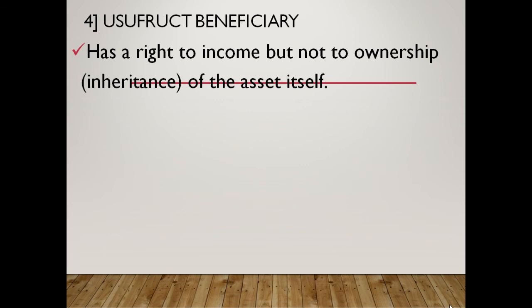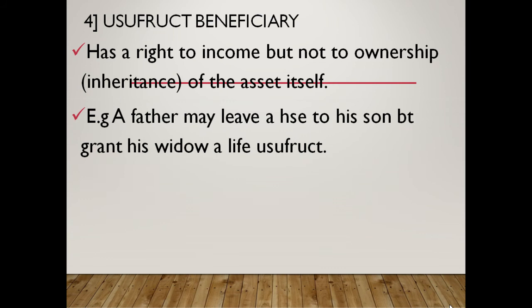So the asset is transferred to the son's name, but income is retained by the deceased's wife until her death. The wife becomes a usufruct beneficiary because she has a right to income, but not to ownership of the asset itself.